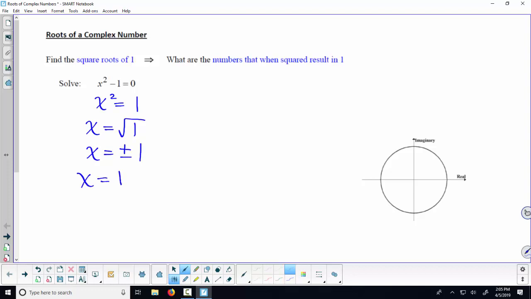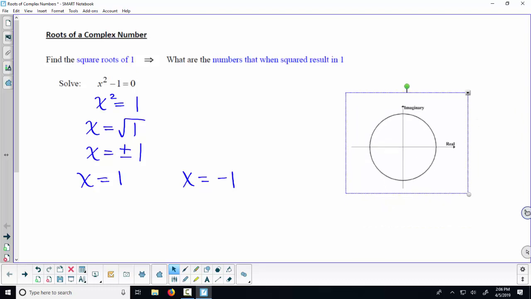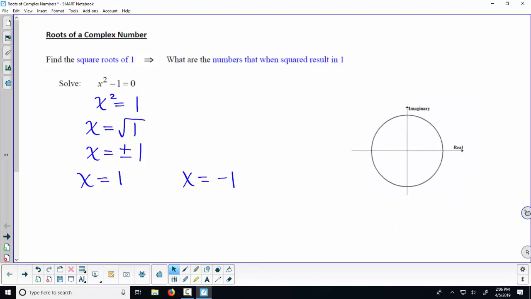So 1 is a square root of 1, and negative 1 is a square root of 1, because if we square those, we get 1. So this quadratic equation of degree 2 has two solutions, which means 1 has two roots. So we have two square roots of 1.